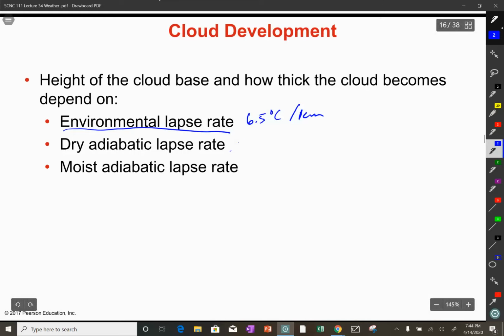Dry adiabatic lapse rate of 10 degrees Celsius per kilometer. How quickly the temperature of your air parcel cools as it rises, if it's dry air. And the moist adiabatic lapse rate, 6 degrees Celsius per kilometer, is how quickly the air cools if it's reached the saturation point.